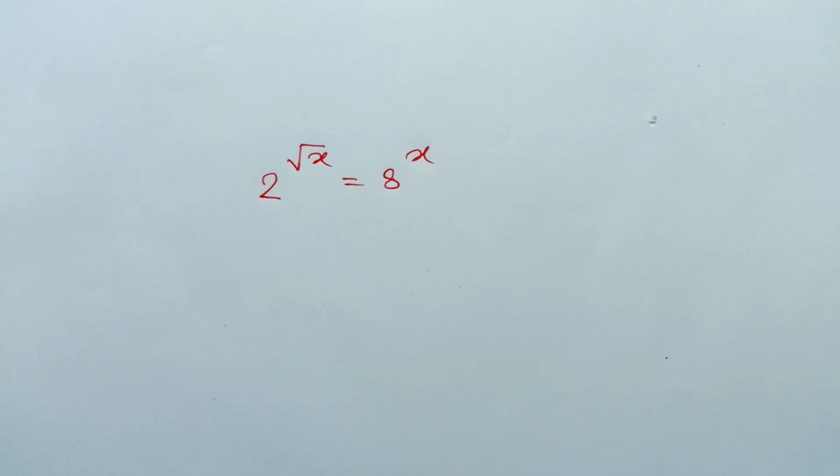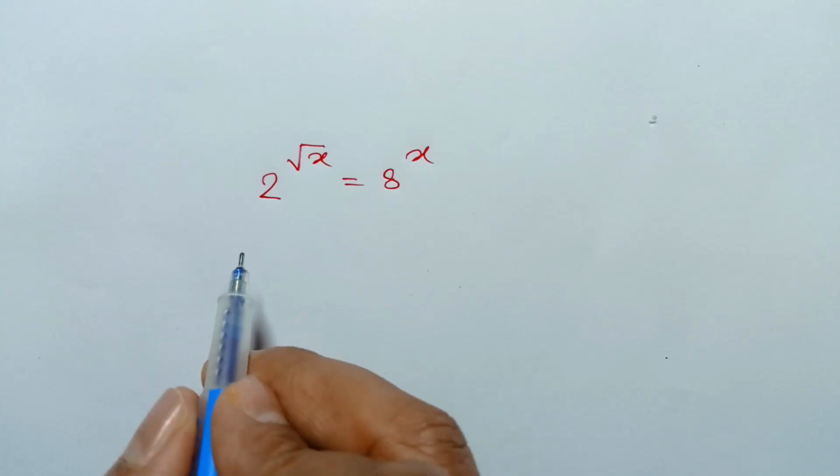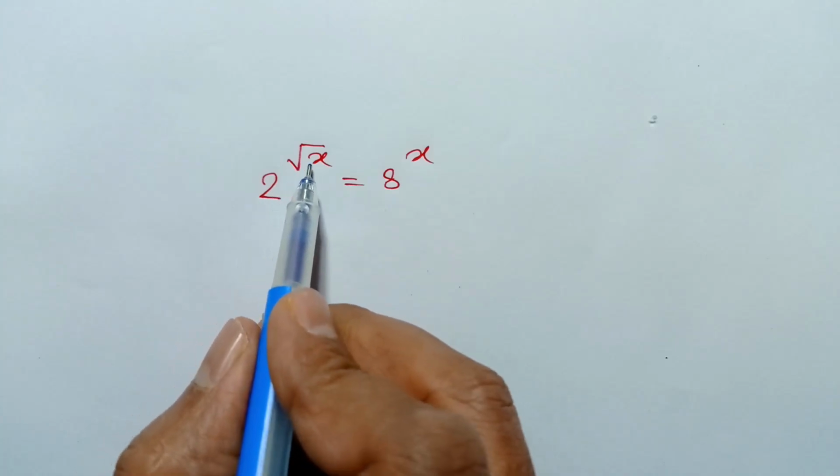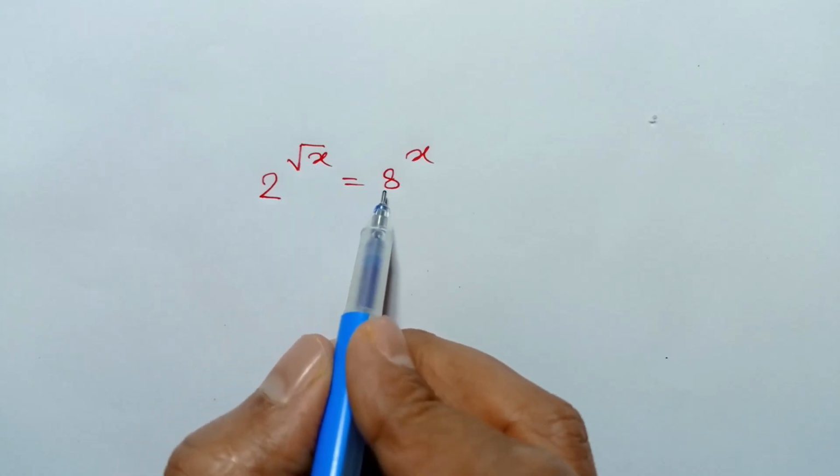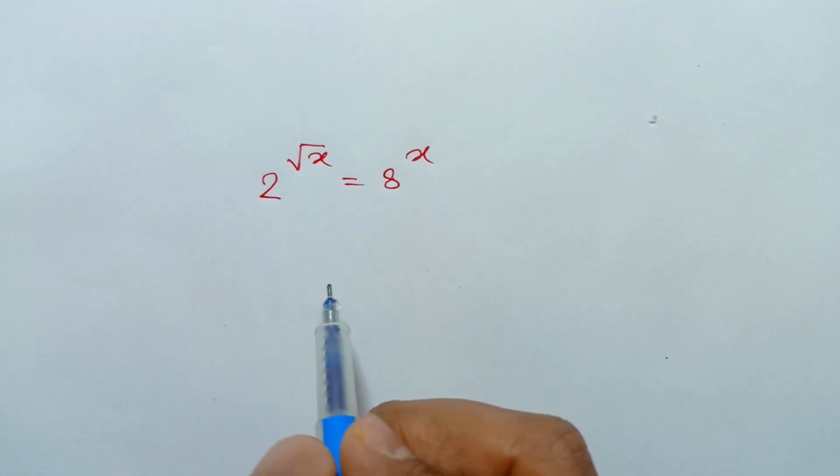Hi everyone. In this video, I am going to show how to solve 2 to the power square root of x is equal to 8 to the power x.